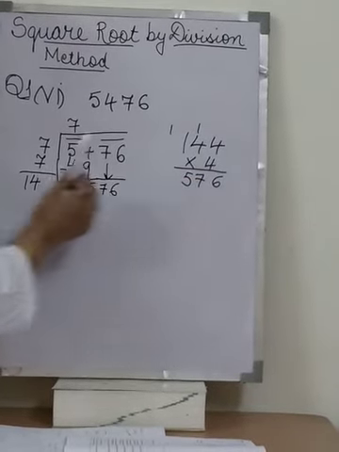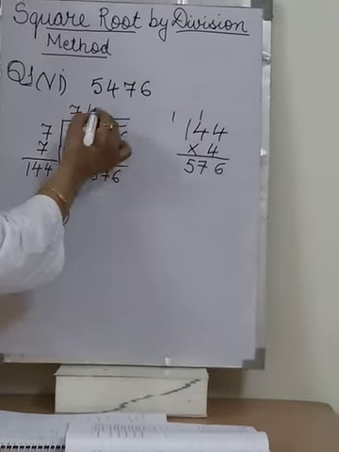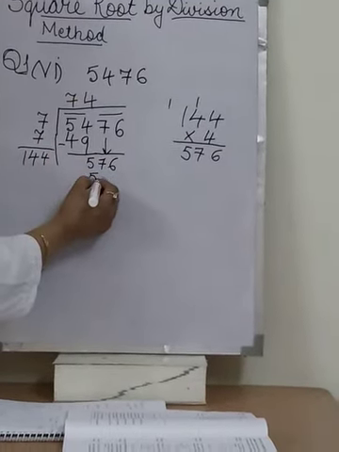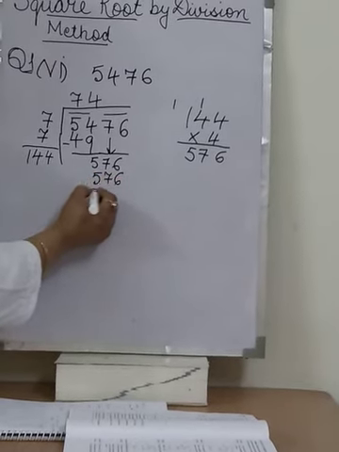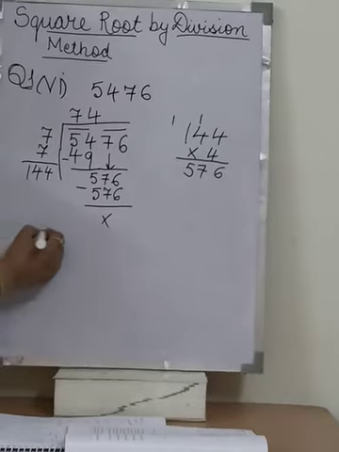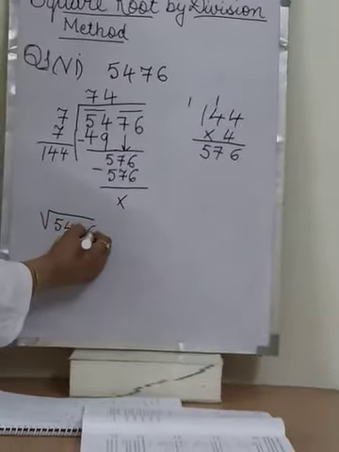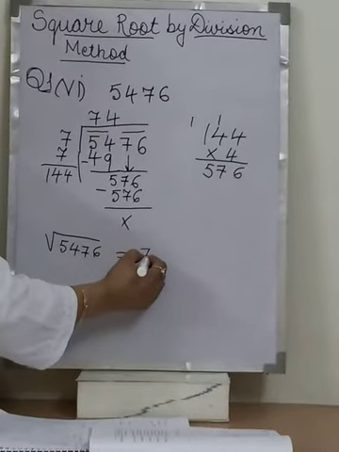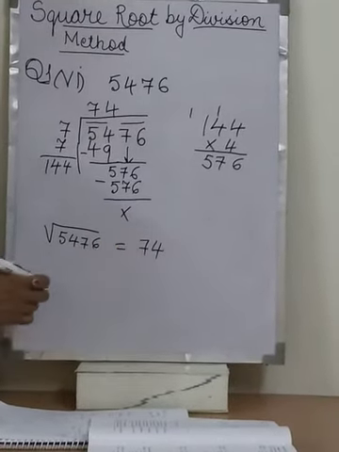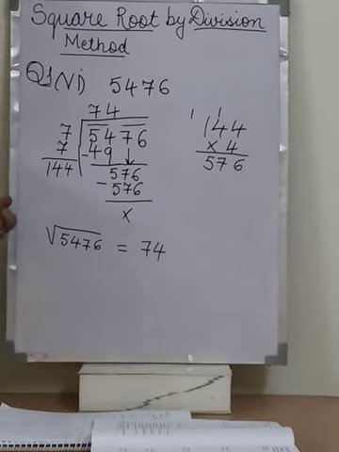So we come to know that if we write 4 here and multiply it with 4, what we get is 576. So this way it gets solved. So we learnt here that the square root of 5476 is 74. You can cross check your answer by multiplying or finding the square of 74.